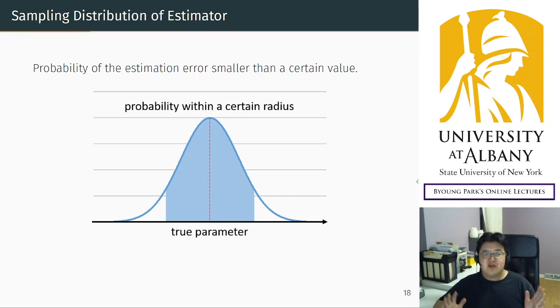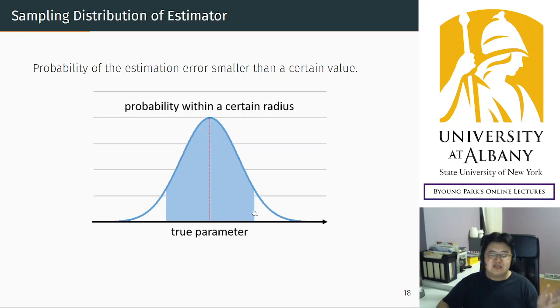Or you may think of it this way. You may be interested in this kind of probability: the probability of estimation error smaller than a certain value. Say, what is the probability that the estimation error is less than, say, 1? Plot between minus 1 and plus 1, and the area is that probability.